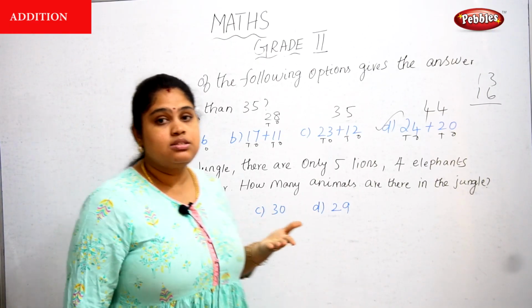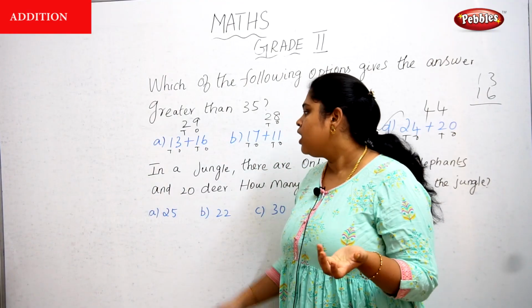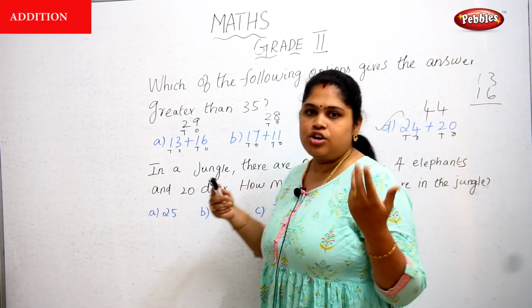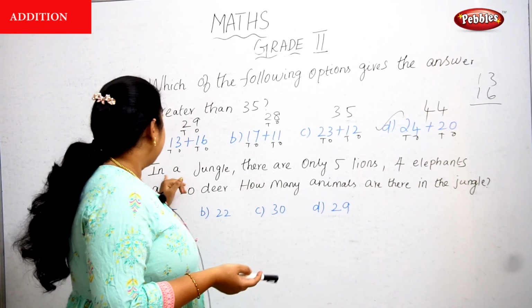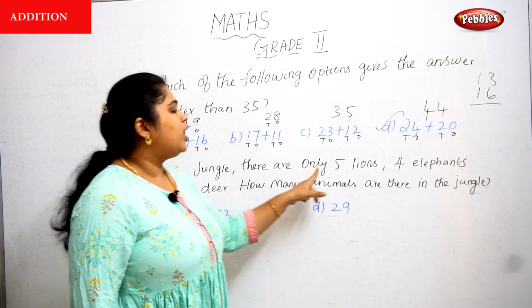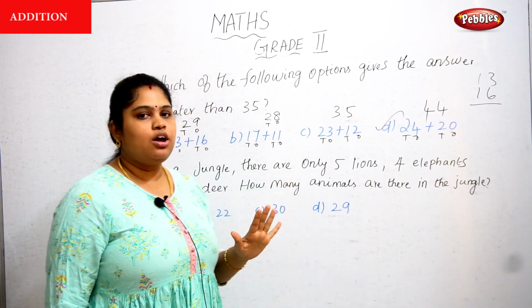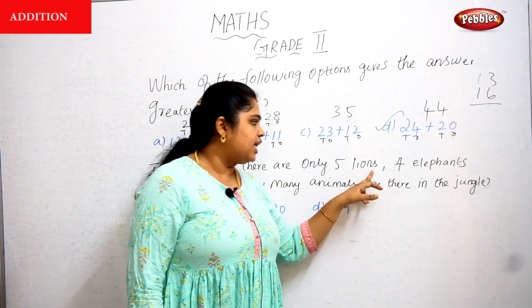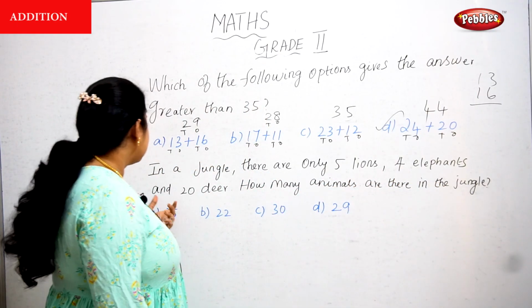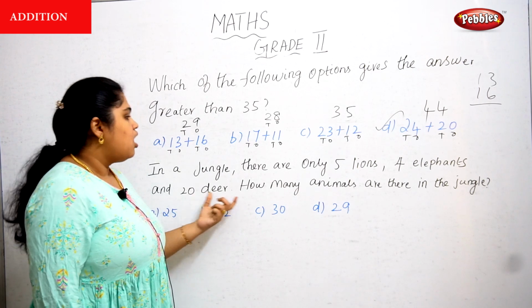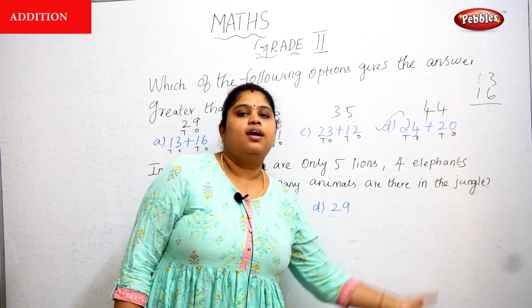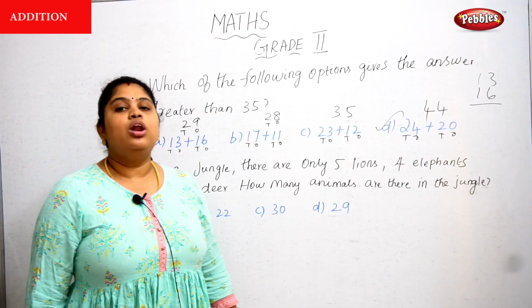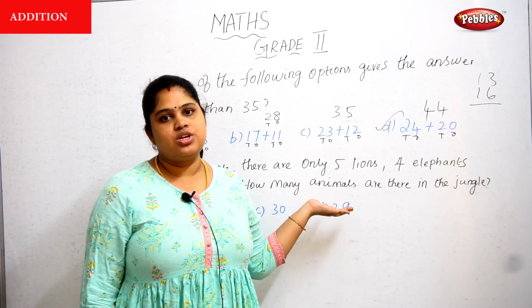I hope this is going to be a very interesting problem. In a jungle, you know that's a forest, there are only 5 lions, 4 elephants and 20 deer. How many animals are there in the jungle? We have already seen such a type of question, isn't it?